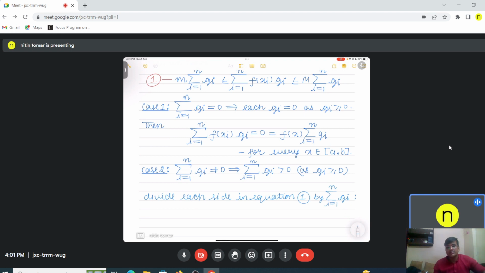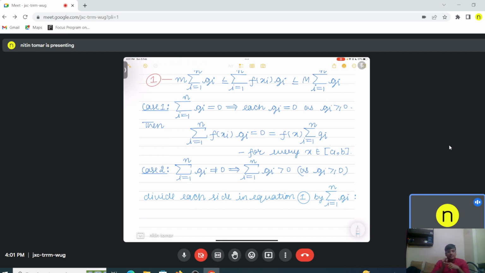Because this is a positive number, whenever you have an inequality and you divide both sides by a positive number, the inequality will remain the same, it won't change.